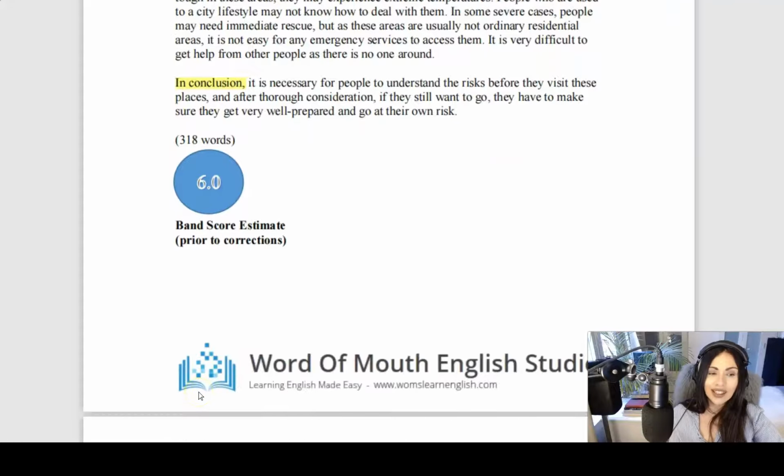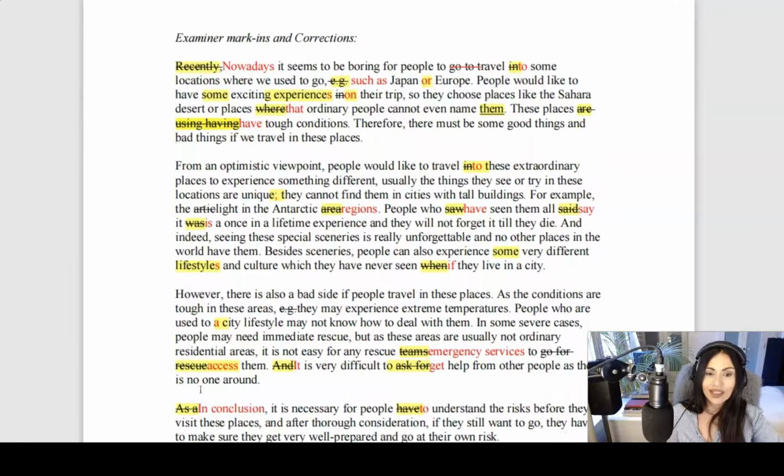But now we're going to look at the correction and editing process. Right, so once I corrected or marked this essay, I found quite a few errors, as you can see, or inadequacies or inappropriacies, that could have been modified. So those are marked or crossed out.